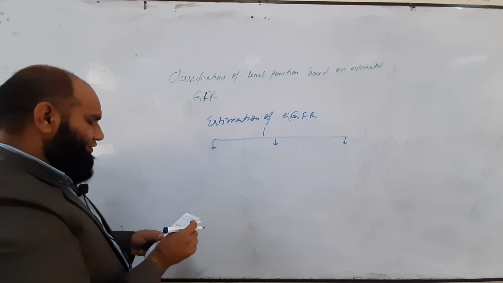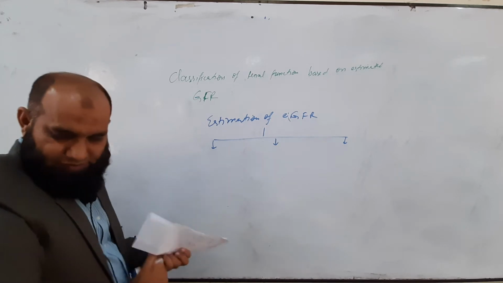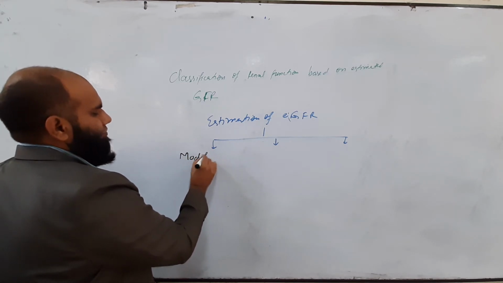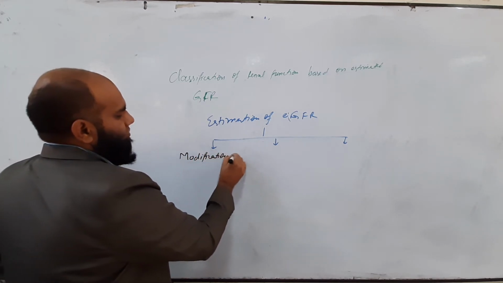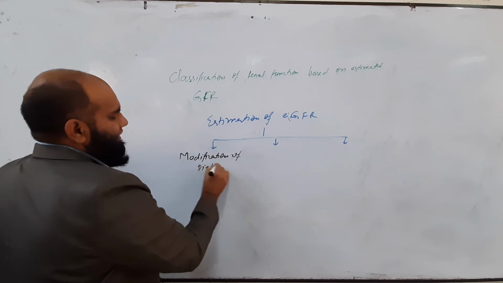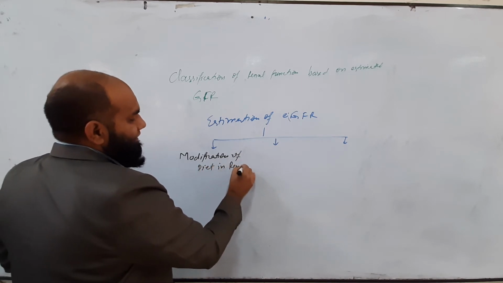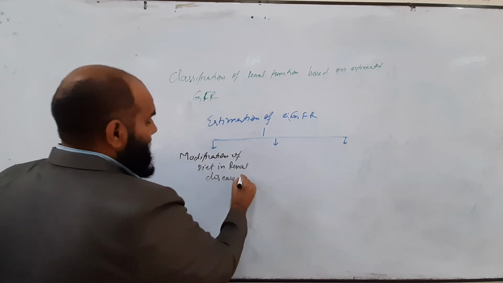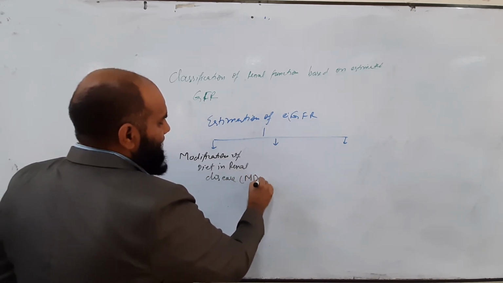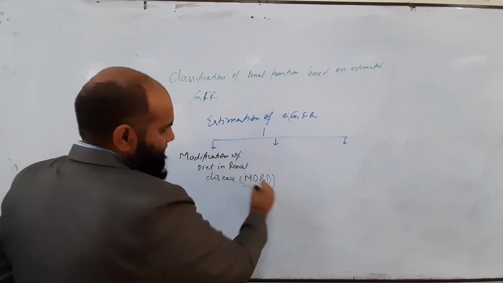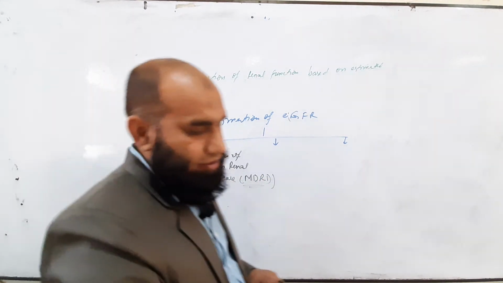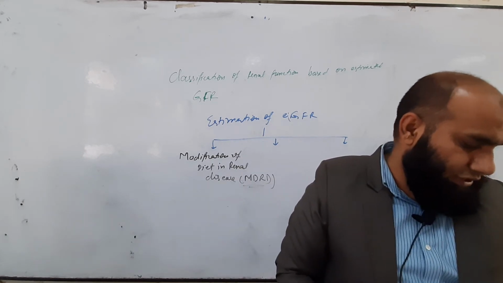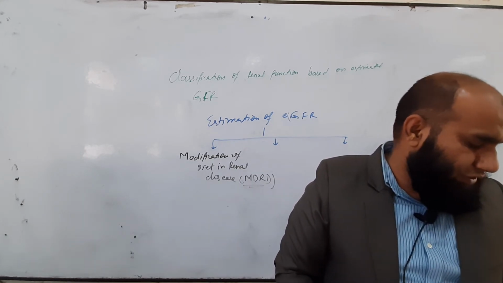One is modification of diet in renal disease, also called the MDRD method.